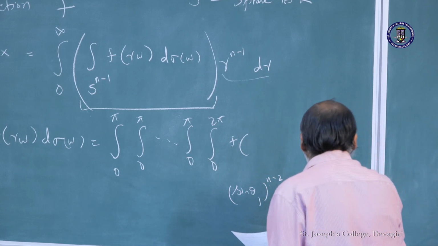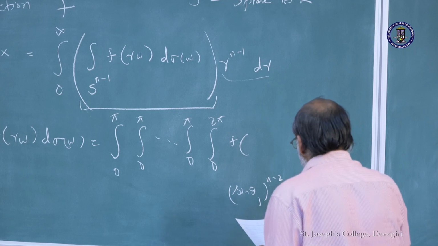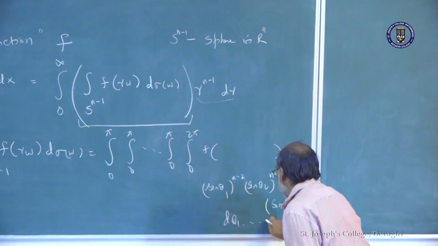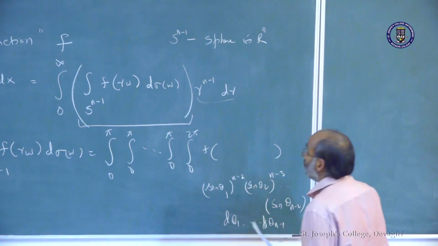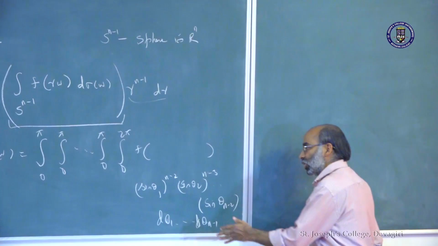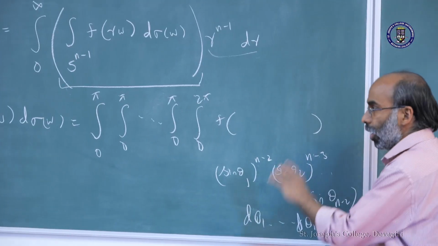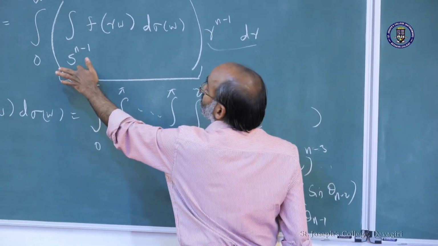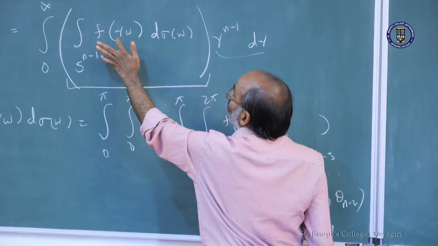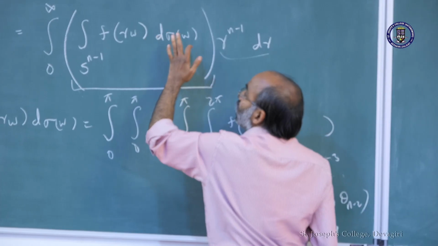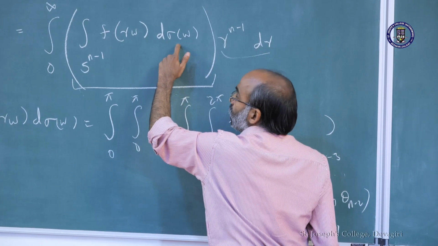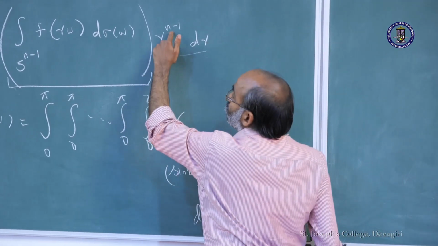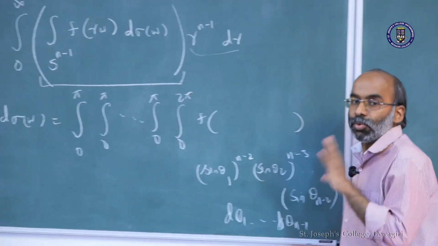So that is the Jacobian, and of course d theta 1, etc., d theta n minus 1. This is the integral over the sphere. The easiest case is R2, where you have S1, which is just 0 to 2 pi, of f of r cos theta, r sin theta, d theta. d sigma is this measure, and then r dr. That is what you do in R2.